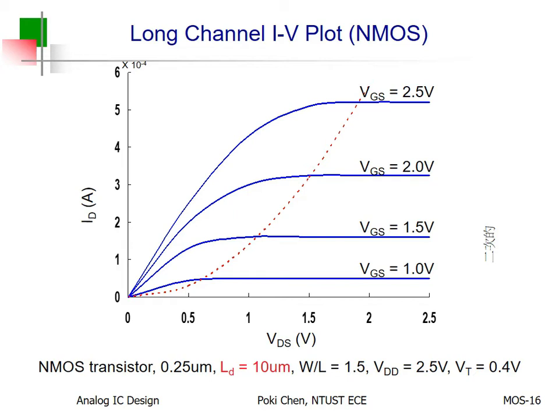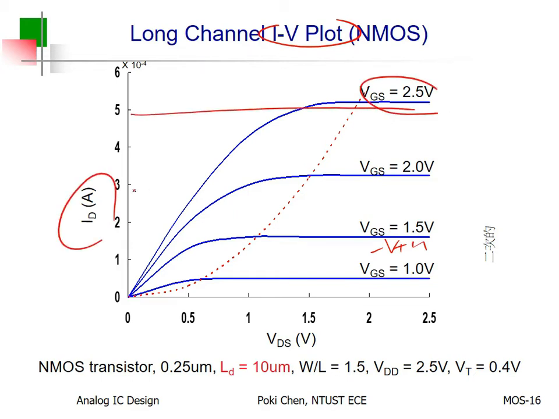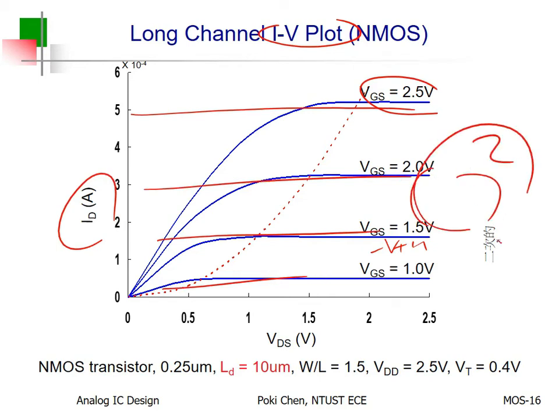For such a long channel IV plot, you can see VGS, oh, sorry, this is incorrect, VGS minus VTH. Okay, sorry for that. You can see it is not linearly dependent, because the saturation current depends on the square of the overdrive voltage.